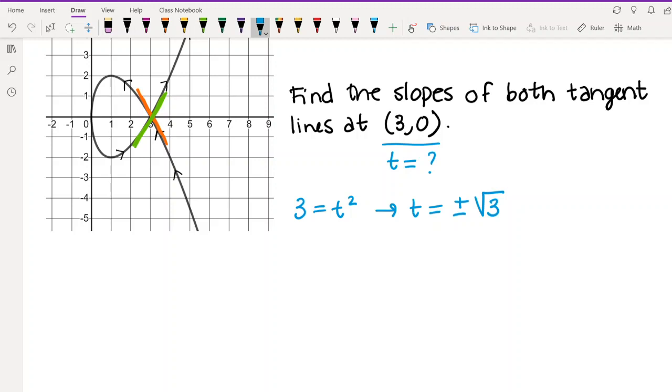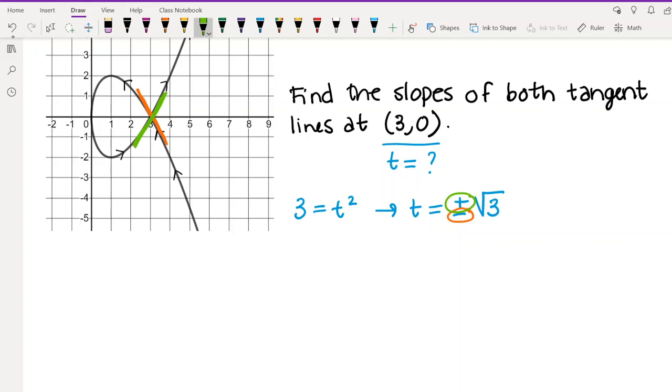Whenever you're tracing these out, you're starting with your smaller t values. So imagine if you're plotting the points, you would first plot t is equal to negative square root of 3. That's going to be the one that gives us the orange tangent line. And then as we continue, we'll eventually come back again at positive square root of 3 as our time, and that's going to give us the green one. So this one is going to be the negative, and this one's going to be the positive.